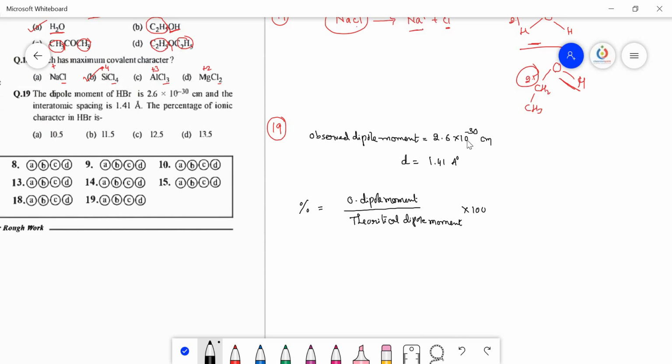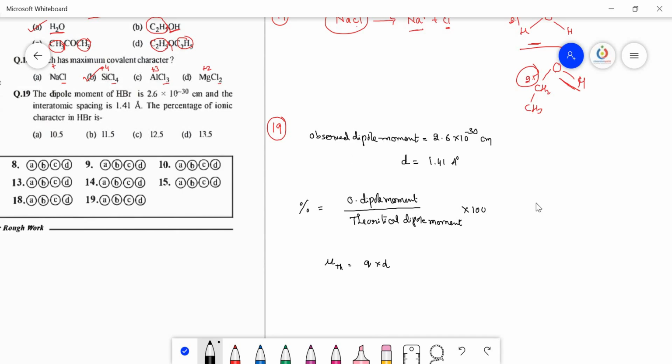The observed dipole moment value is already given. Let us calculate the theoretical dipole moment value, mu th. The theoretical dipole moment can be calculated as q into d. Q is the quantity of charge in coulombs, d is the distance.